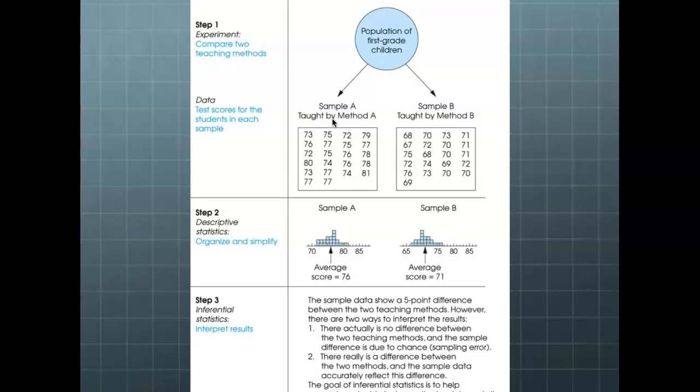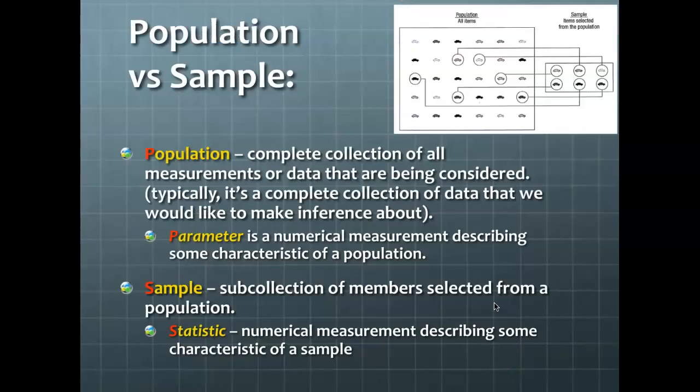So we take two samples, sample A and sample B, that consist of just a few first graders. And then we compare the teaching methods. And then based on those samples, we construct the tables and build the graphs. Step 3, we make conclusions based on these results.